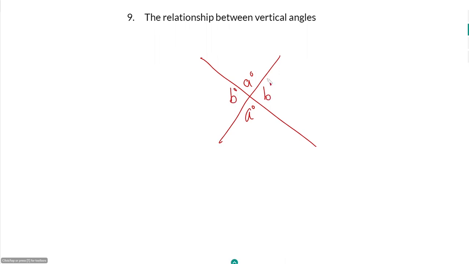And you can prove these are equal just by using what we said before about how 2 angles that form a straight line must add to 180 degrees. You can use that to prove these two are equal to each other and these two are equal to each other. And D is actually just going to be 180 minus A. And so you can get to everything in terms of a single variable here.